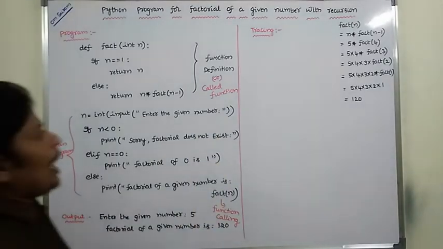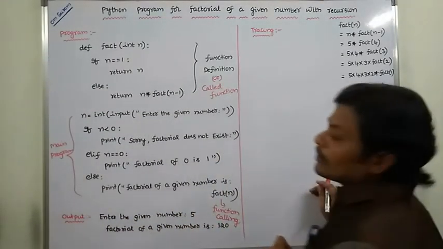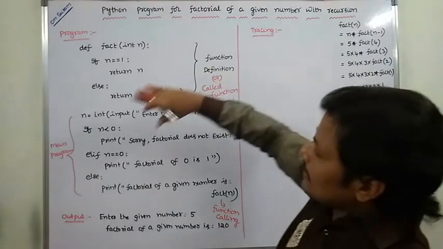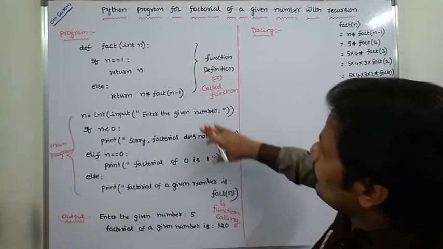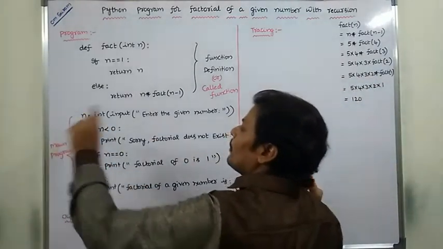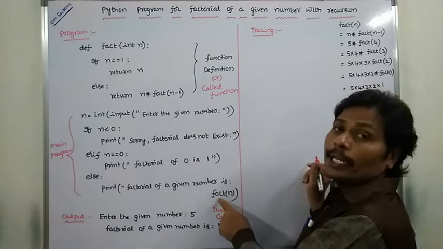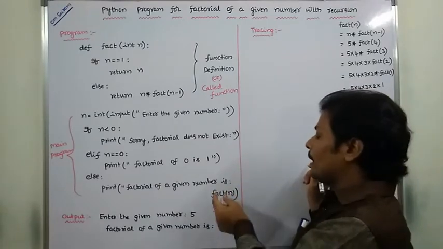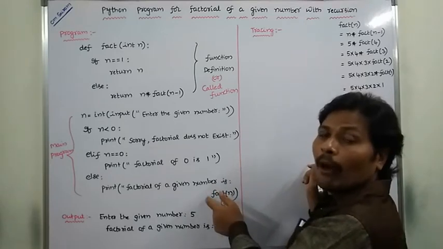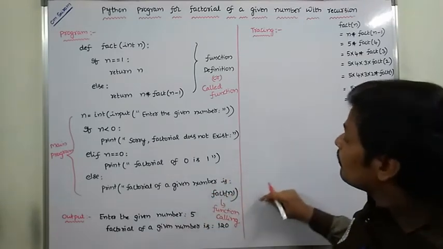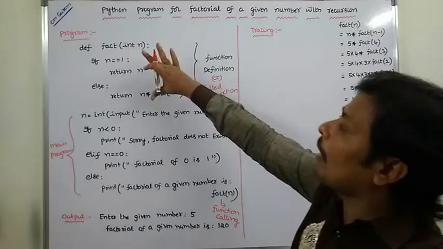Now we have to trace our program. Up to this is the main program. In the main program we are calling a function called fact of n. Whenever a function is called, the control goes from the calling function to the called function.